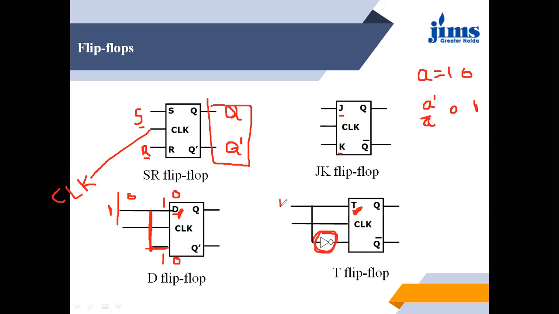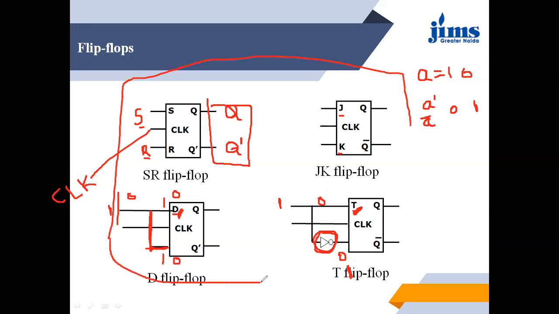So when I am giving a value 1 over here, then on the second input I am giving 0, and when I am giving an input 0 over here, it means I am feeding a value 1 at the other input line. So this is the basic of flip-flops.